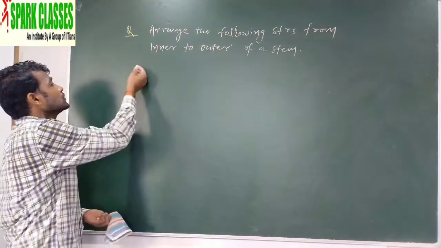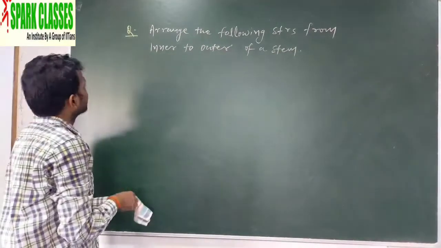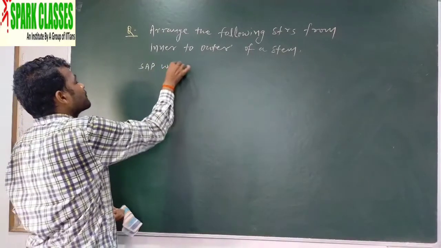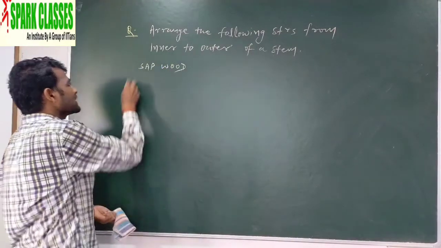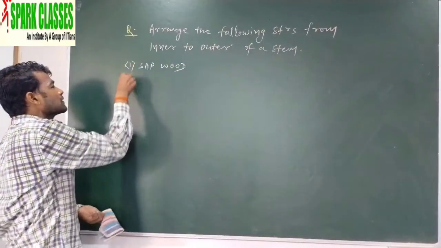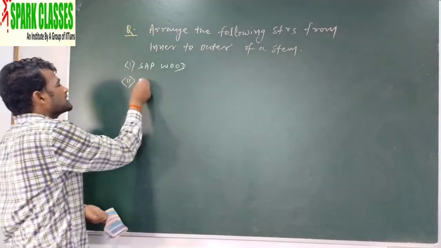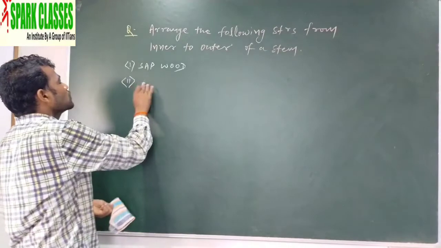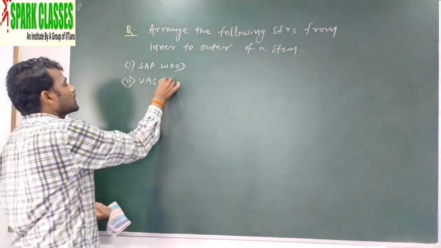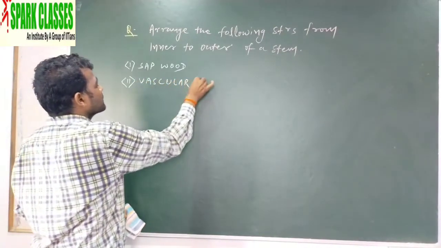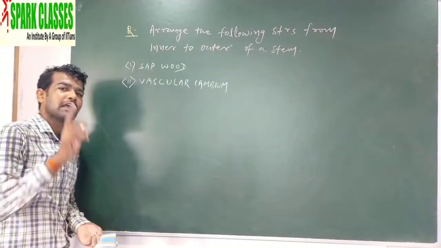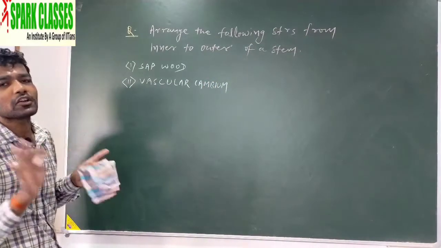We'll discuss now. The first structure is sapwood. This is number 1. Second, there is the cambial ring or vascular cambium. If you solve this question, then I will think your entire concept is clear.